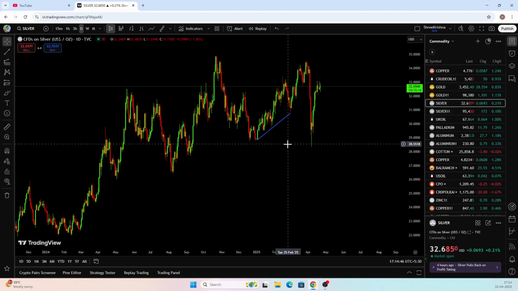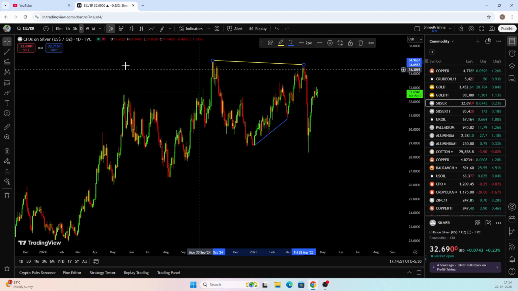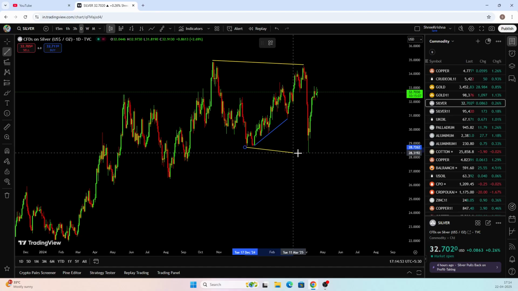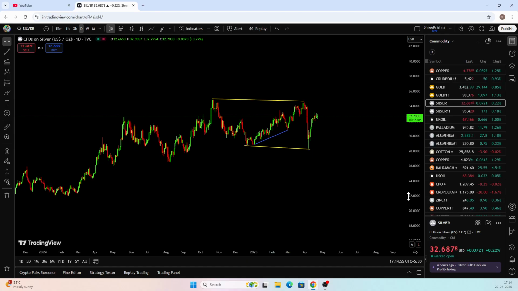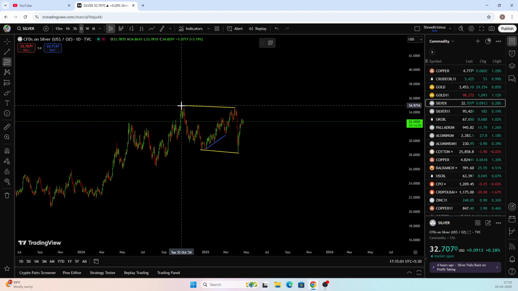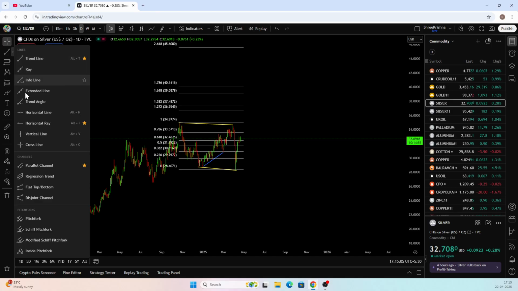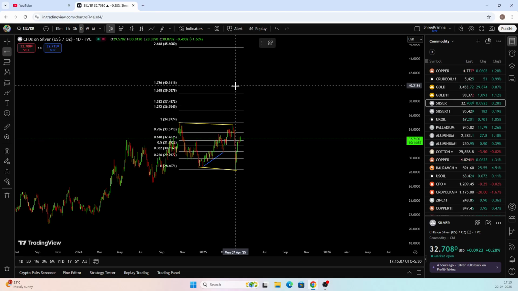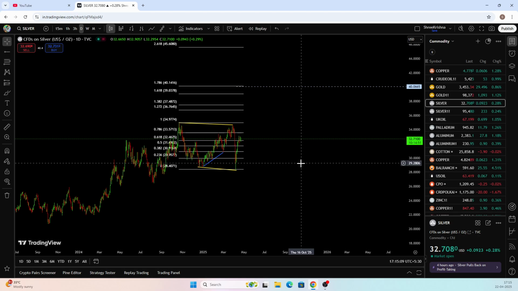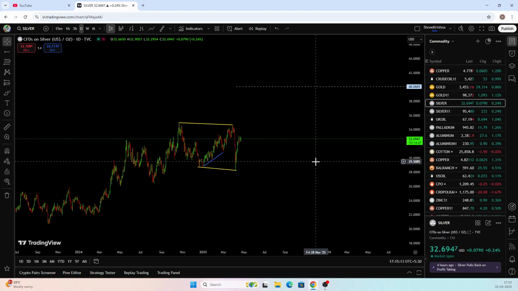Now, silver. We are looking for the next upside move in silver. We are probably looking at this as one of the next rallies. You can expect this to go to here, $40 per ounce.